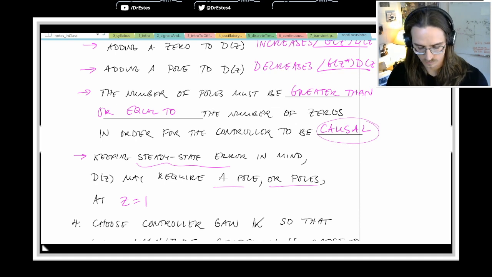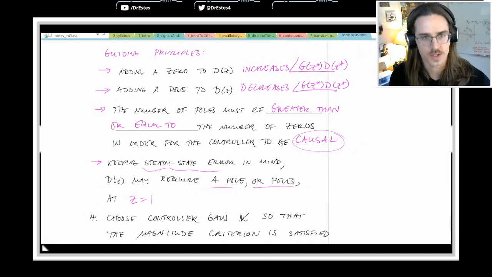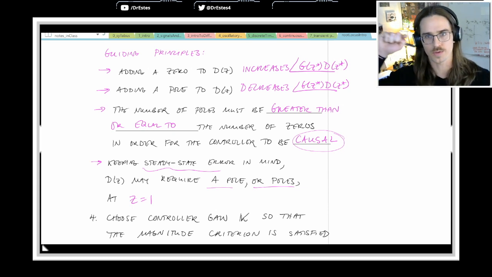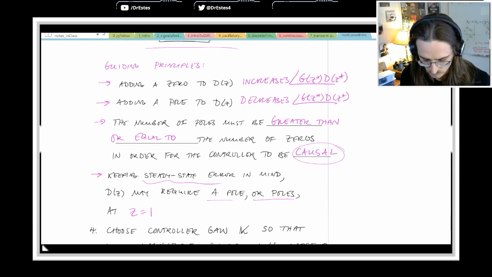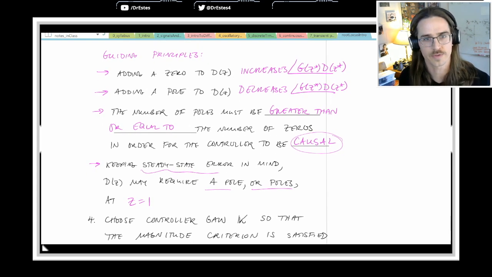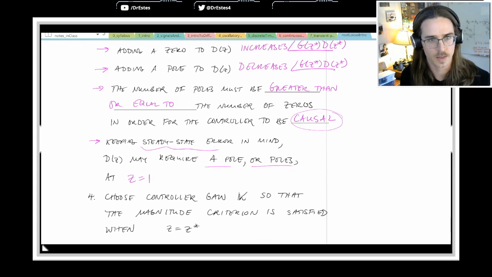Okay. So, remember, we have some closed loop poles in mind. We're designing a controller so that our closed loop poles coincide with where we want them to be. So, we have to first satisfy the angle criterion.